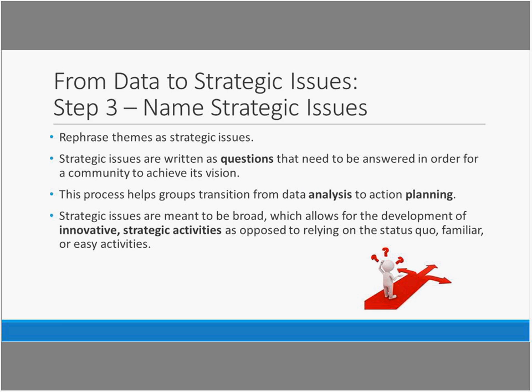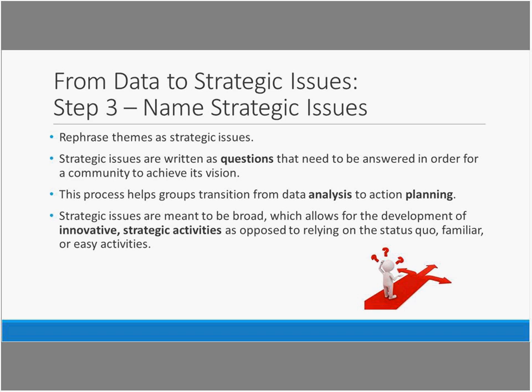The difference between a theme and a strategic issue is that strategic issues are written as questions that you have to answer as a community in order for a community to achieve its vision. And the reason that I think that this process is helpful, because certainly you could work from themes. You could just go with your themes and you could prioritize those themes.